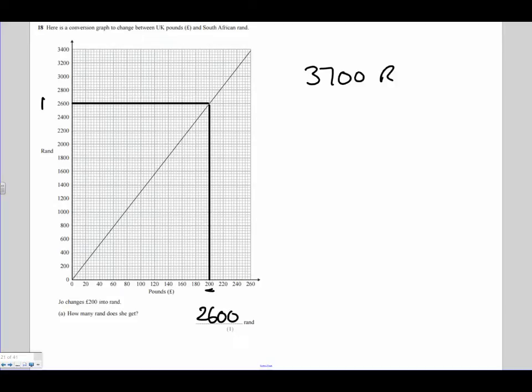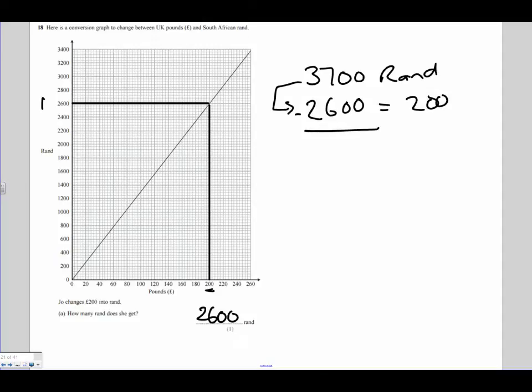3,700 rand. Now, our scale only goes up to 3,400, so we can do this in one of several ways. You can split this into 2 nice easy numbers that we can read off from our chart. So let's just say we have 2,600 rand, which we know is £200 from earlier.